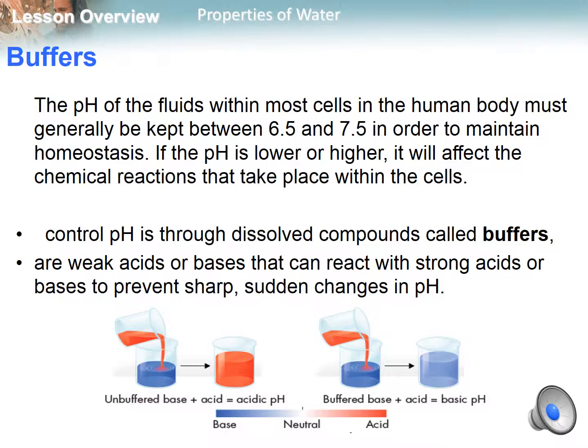A buffer is a weak acid or a weak base that reacts with strong acids or strong bases to prevent sudden extreme changes in pH. So for instance, if you have a strong acid, you would add a weak base to it to keep the pH about the same. Or if you had a strong base, you would add a weak acid to it to keep the pH about the same.